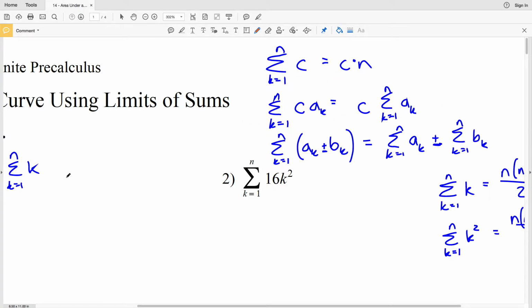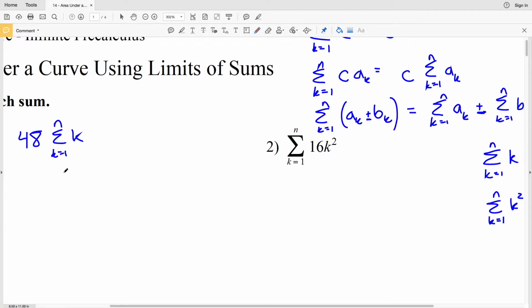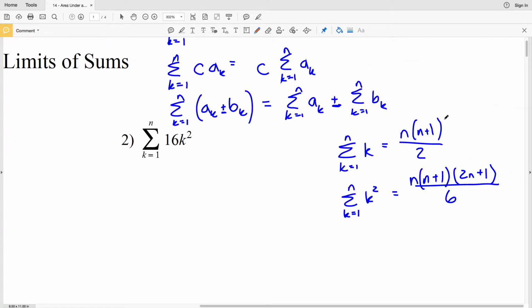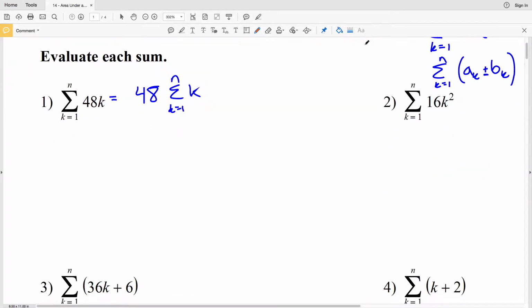But now I'm left with 48 times the summation of k from k equals 1 to n. But we have a formula for that summation, and that's n times n plus 1 over 2. So I'm just going to substitute that in. So now I'll have 48 times n times n plus 1 over 2.